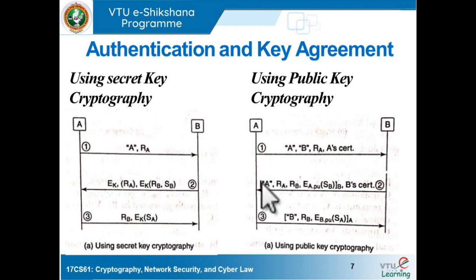Now, over here you can see how B operates. It is selecting the information A, that is A's ID, along with the challenge that it has received from A, and it has also included its challenge RB, which will be sent to A. Then we can see that there is a new value SB which is included over here, and it is encrypted using A's public key, and the entire information is signed with B's private key, and along with this B is also sending its certificate to A. Upon receiving this information, what will A do?